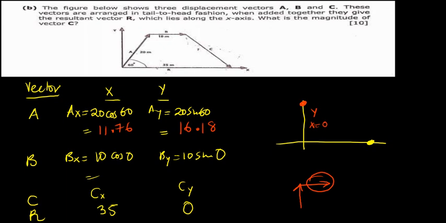When something goes up, the x component is 0. Same with this vector here, it is also parallel to the x-axis. The y component is supposed to give us 0.